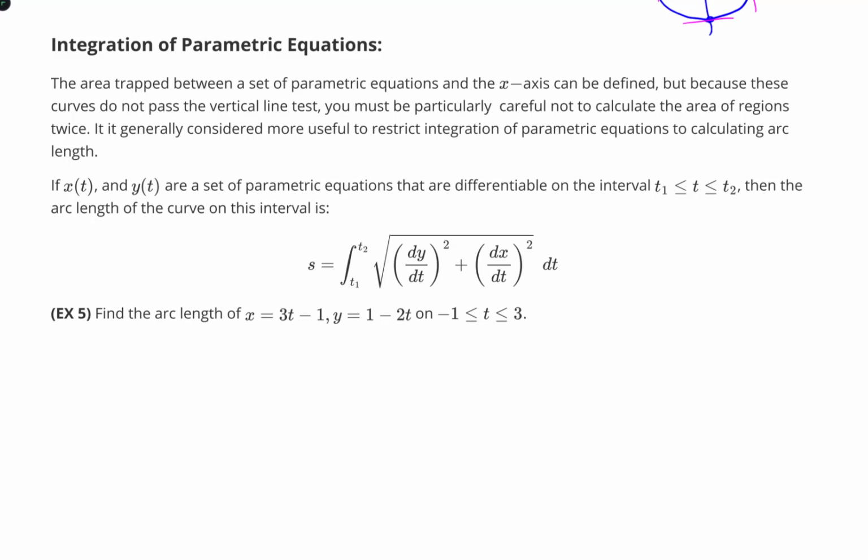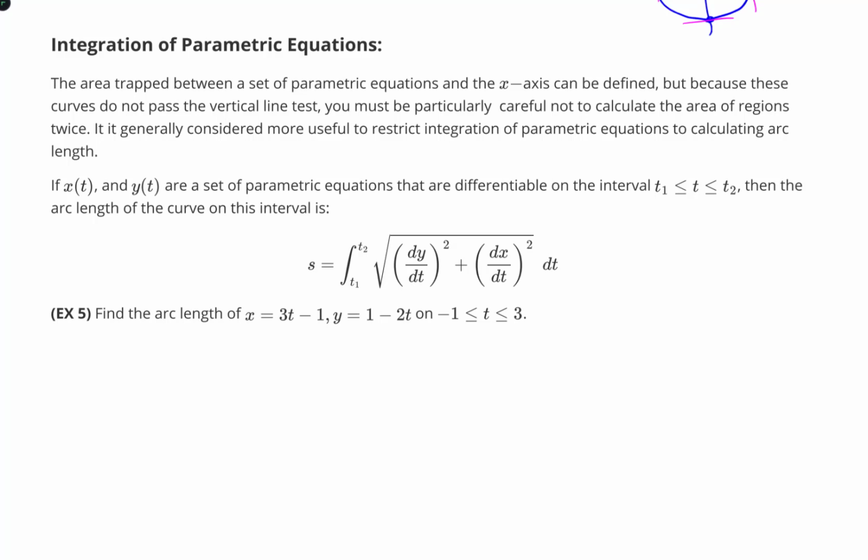Lastly, I'd like to talk about integration with respect to parametric equations. It is possible to do some form of integration with respect to area under a curve. But the thing is, we're talking about areas trapped between a function and the x-axis.